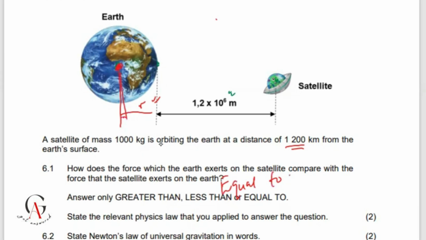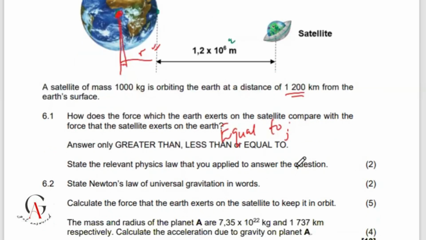Do we need an explanation? No. But if somebody needs to know why, when an object A exerts a force on an object B, B must also react by applying the same force but in the opposite direction. Down here they're telling us to state the relevant law.